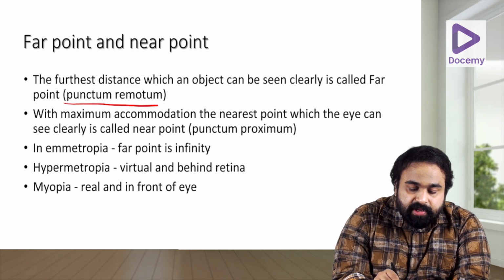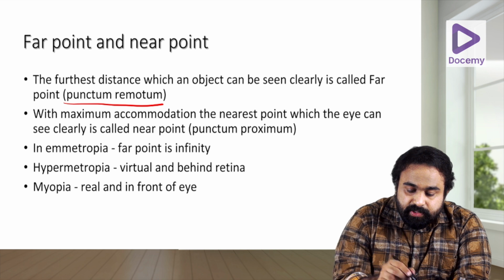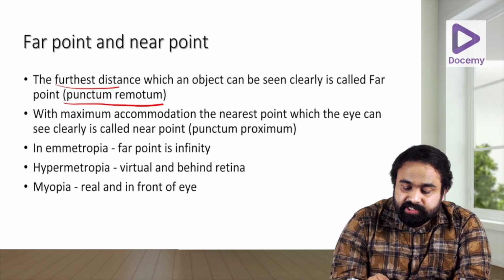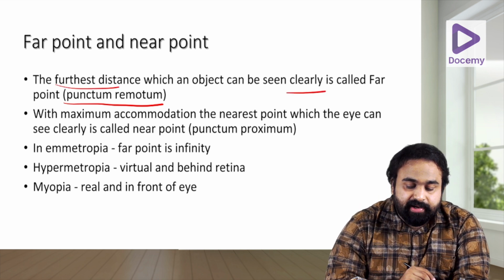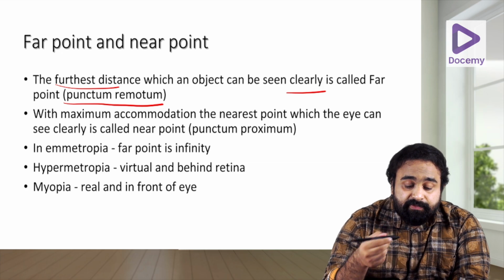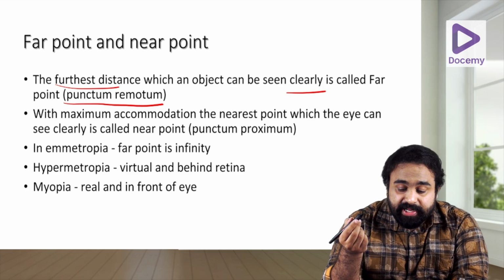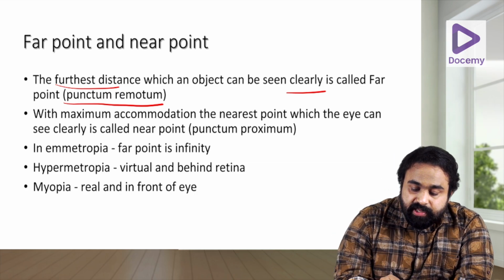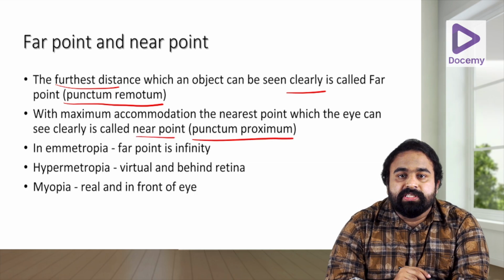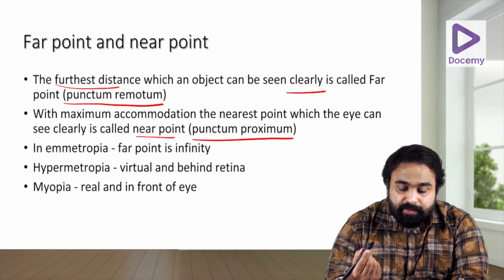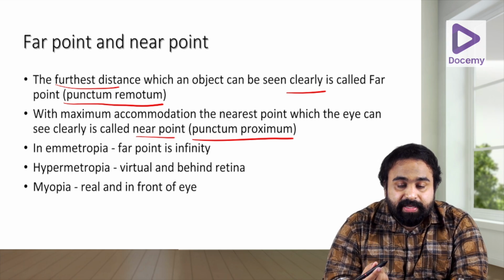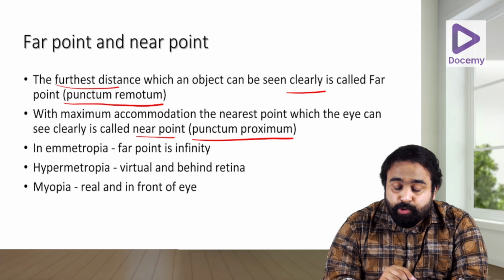And with maximum accommodation, the nearest point which the eye can see clearly is called near point or punctum proximum. So, far point and near point: punctum remotum and punctum proximum.